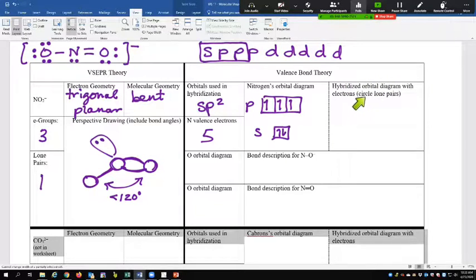For the hybridized orbital diagram, we're going to take the S and 2 of the P's and combine them into 3 degenerate hybrid orbitals. And then we've got 1 p orbital left.